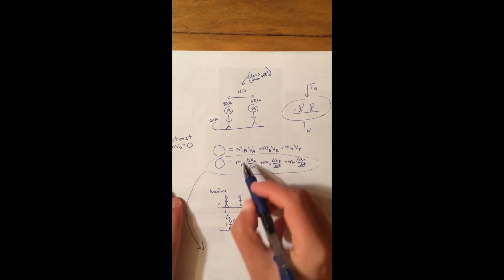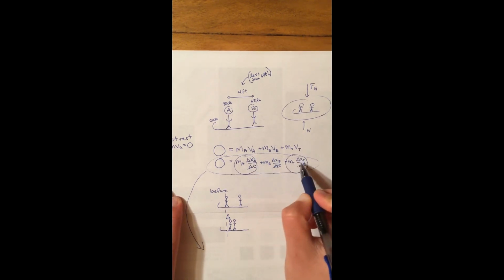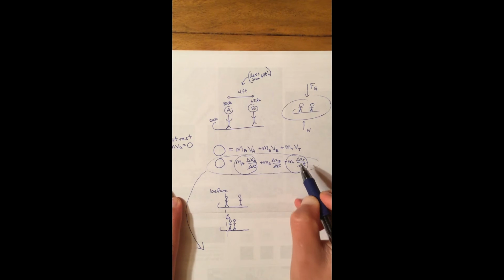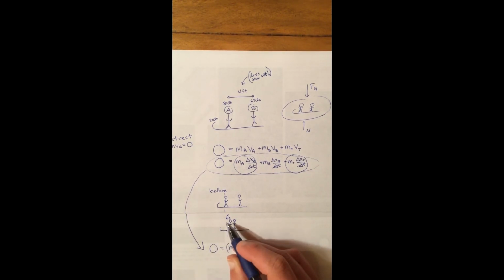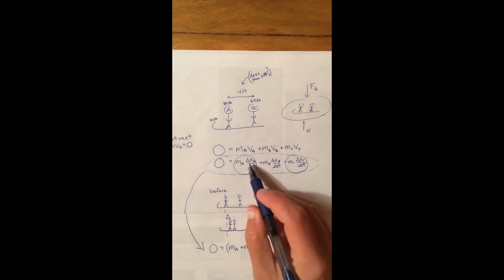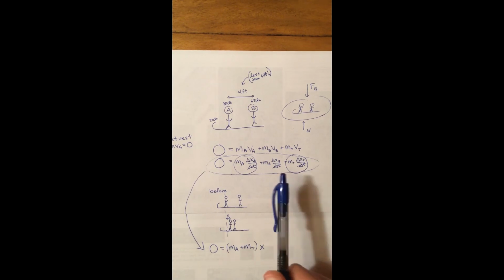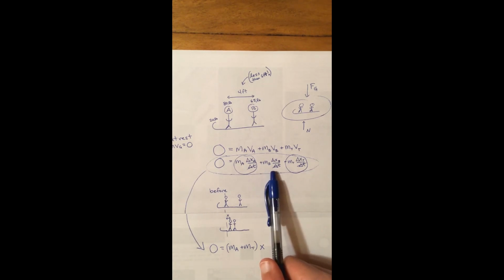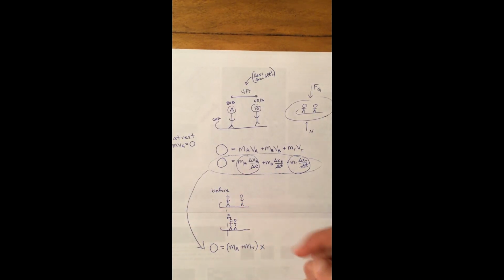So we can take this and this. The displacement for person A and the displacement for the toboggan is the same. So 0 is equal to mass A plus mass of the toboggan times x here, okay? So let's say delta x_A, delta x_T, they're both equal to x. Now we have the term here from person B. Person B moved this way in the negative direction.